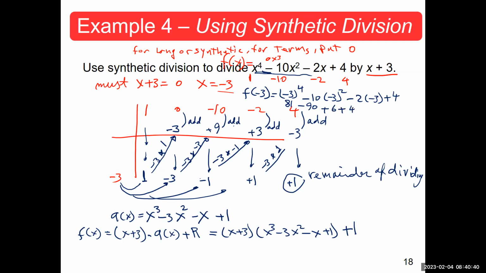Now 4 plus 6 is 10. 10 plus 81 is 91. So you're going to get 91 minus 90. That's equal to +1. Guess what? Same as the remainder. So with the remainder theorem, if we plug in the value of -3, we must get back that answer.